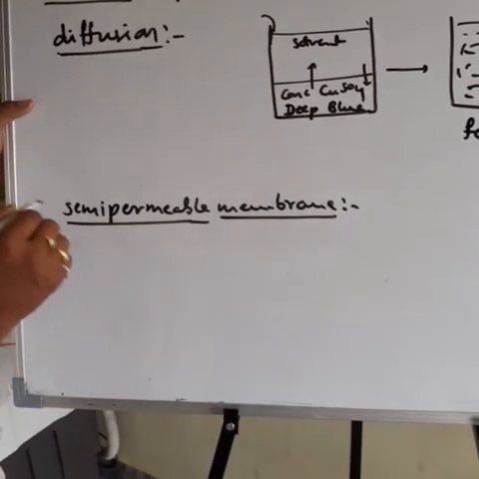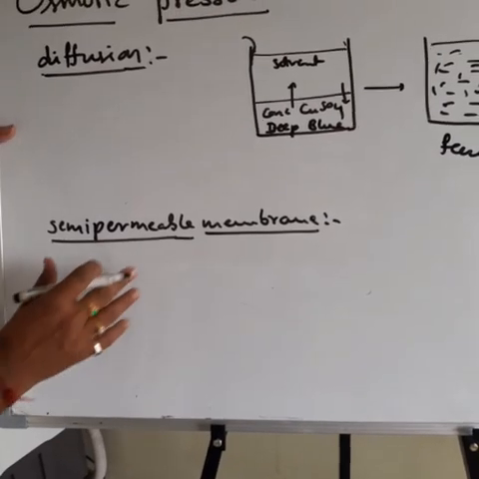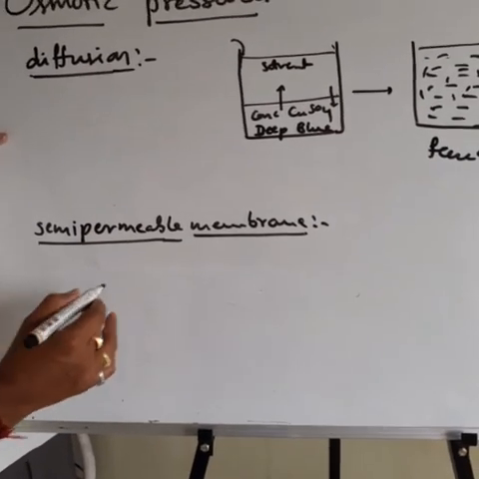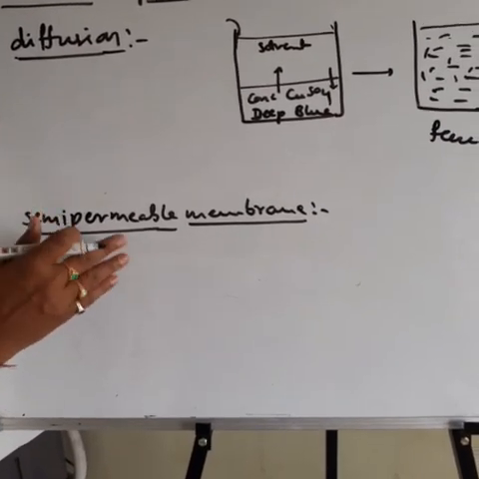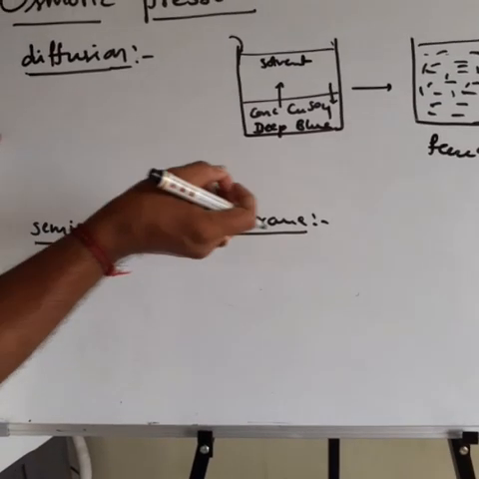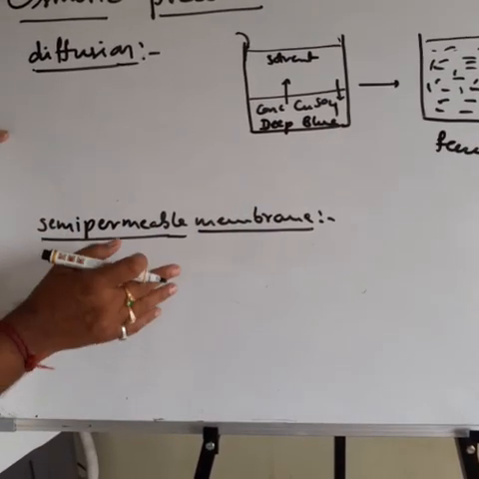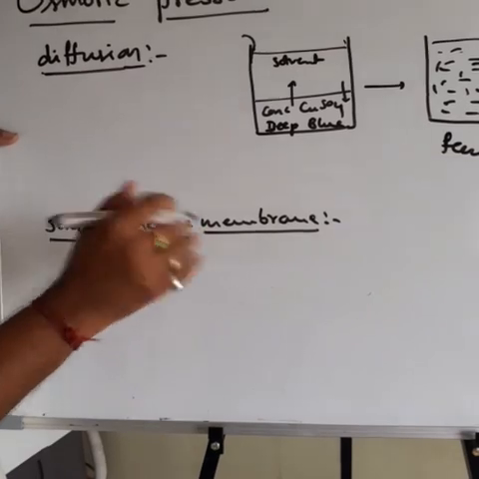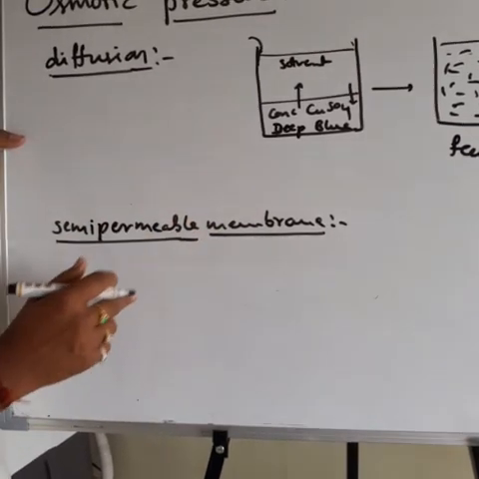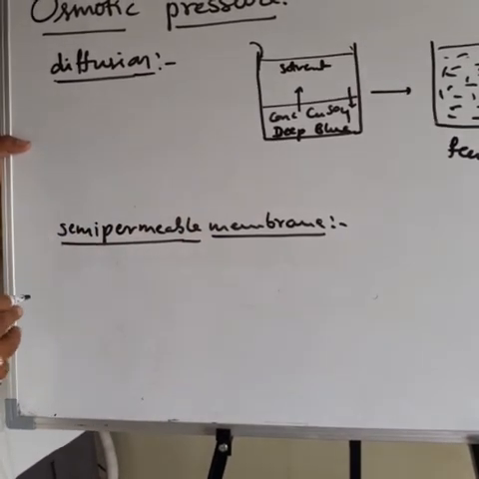The next one is the semi-permeable membrane. What is a semi-permeable membrane? A membrane is a type of layer. The membrane which allows solvent particles through it, but not solute particles, is a semi-permeable membrane.